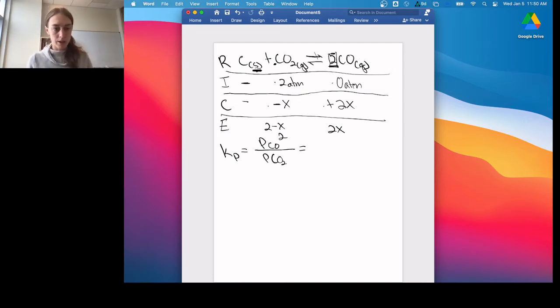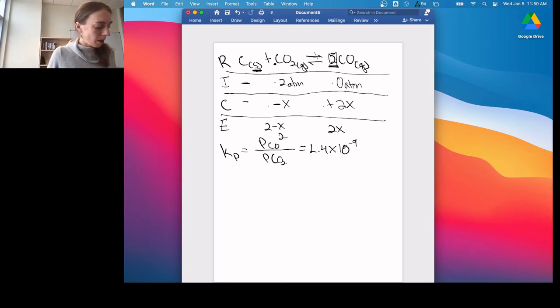And we were given the Kp value, and that was 2.4 times 10 to the negative 9th. So we can make that look a little nicer here.